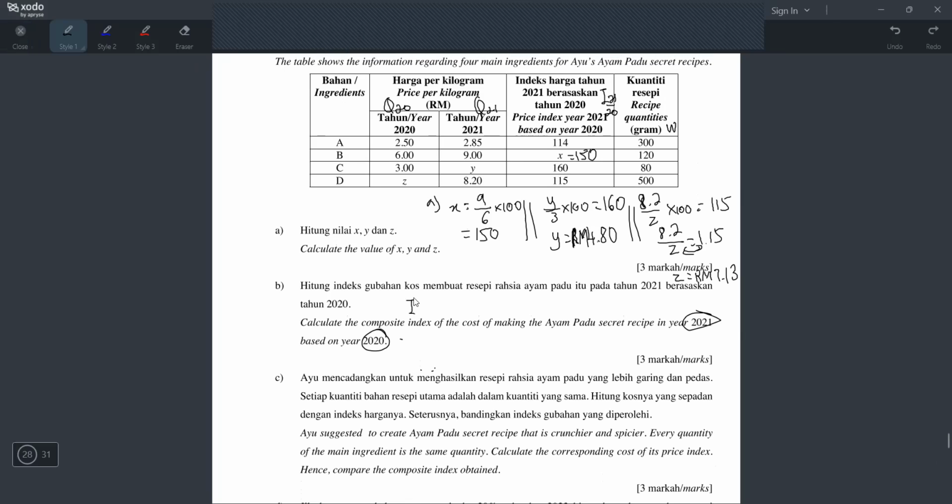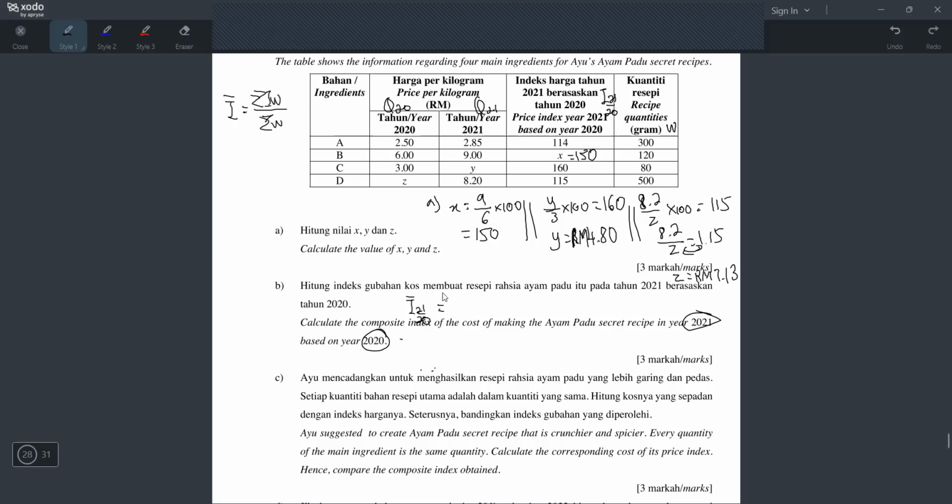So the I bar for 2021 based on 2020, but the formula for this is what? The formula for composite index is the sum of I times W divided by sum of W, right? But you have to make sure you have your I and your W. So do you have your I and W? Yes, I and W are already in the table. And the I is also for the same year, 2021 based on 2020. So the year already matched.